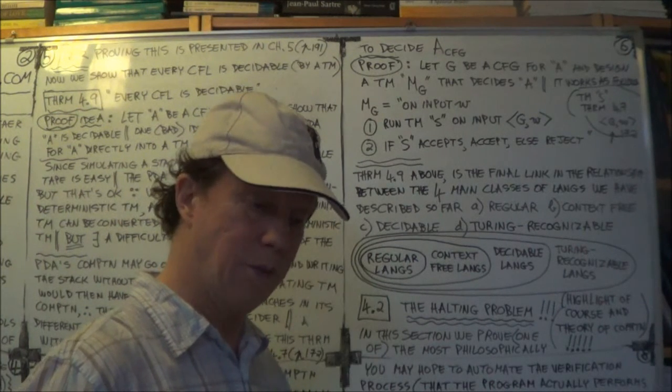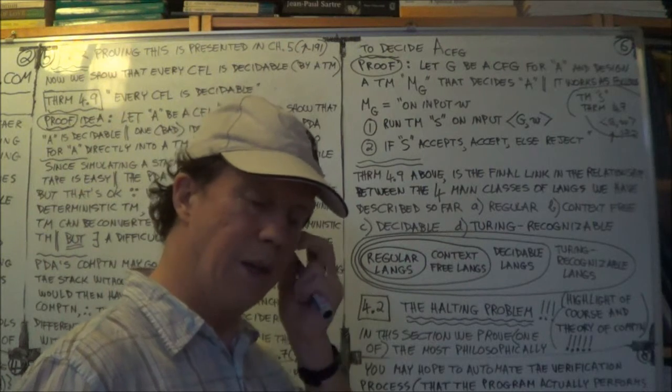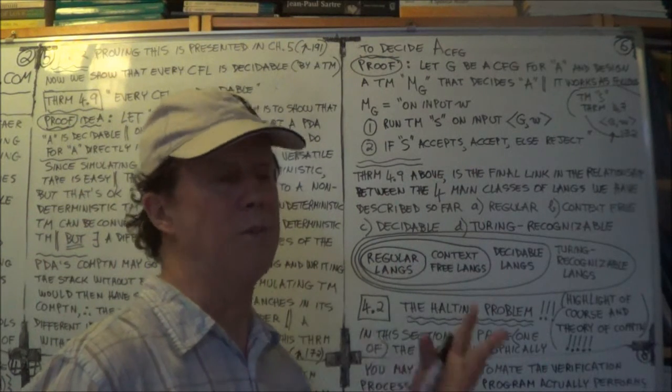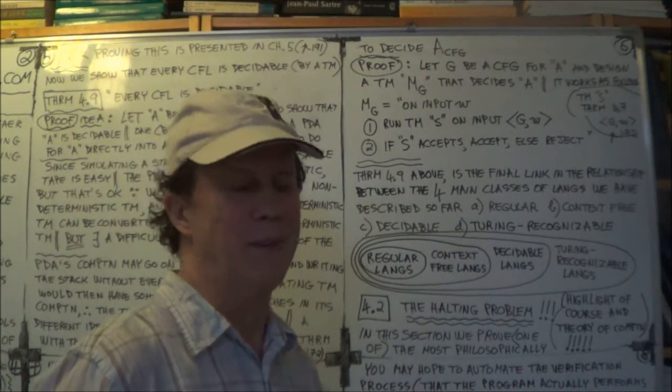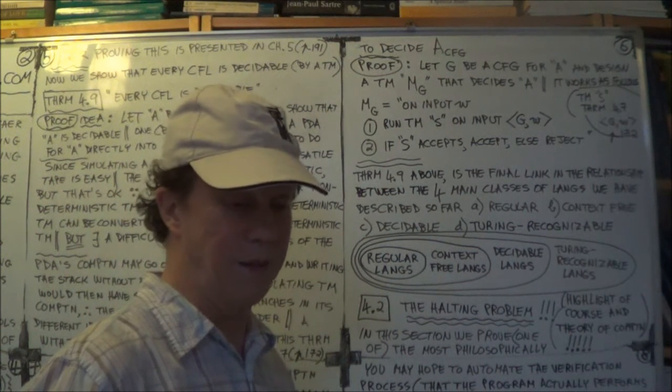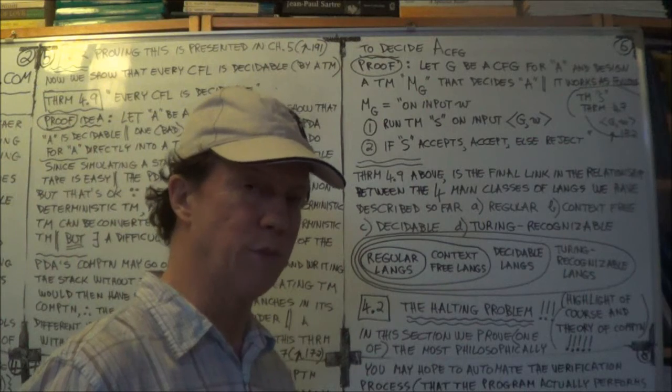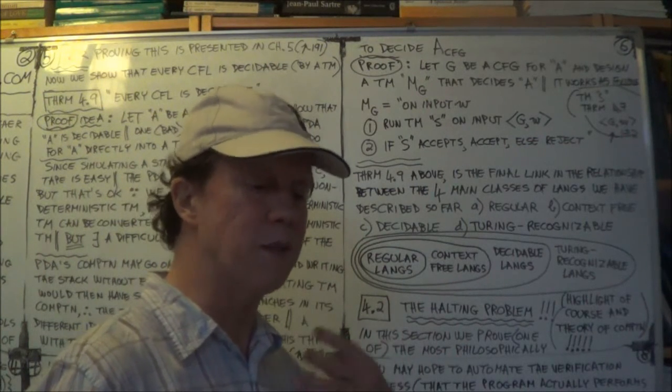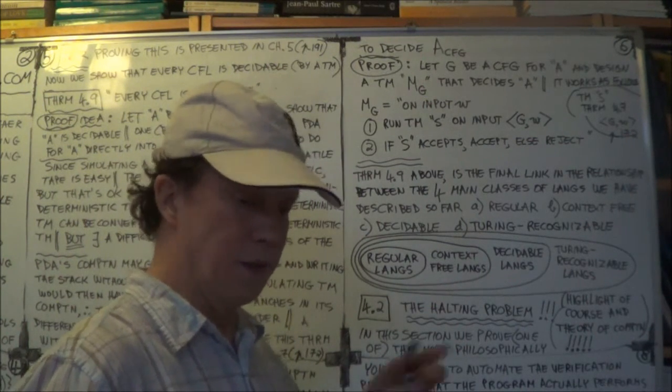Because if the Turing machine is not a decider, that means it might be a looper, what I'm starting to call a looper. That means the Turing machine might never halt, right? It loops, by definition. To loop means to not halt. And it just goes on forever.